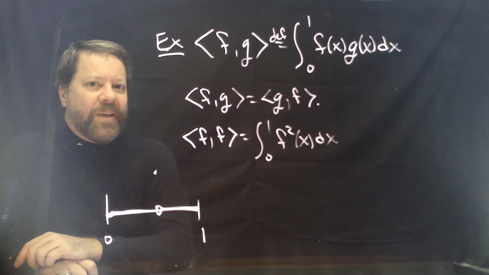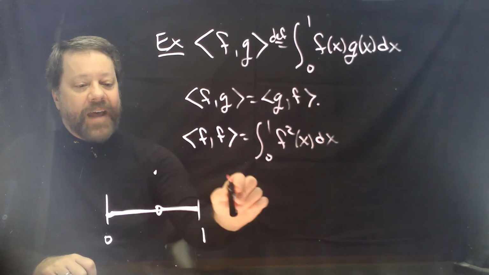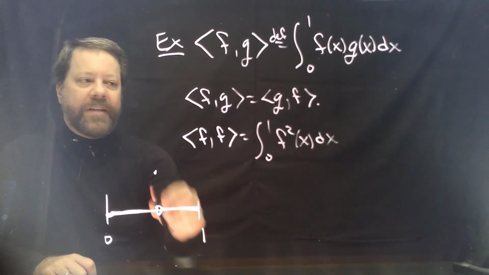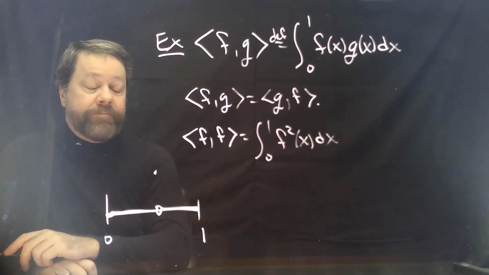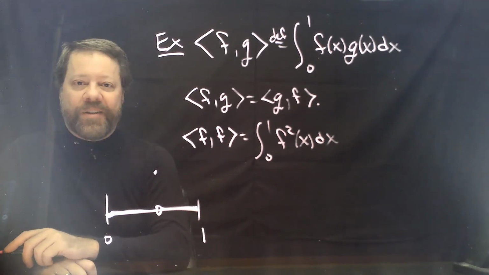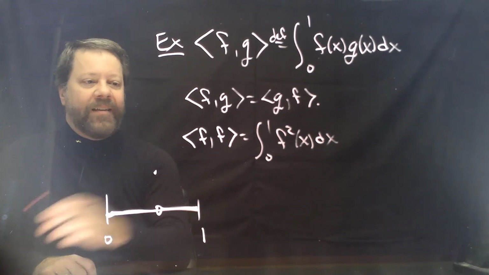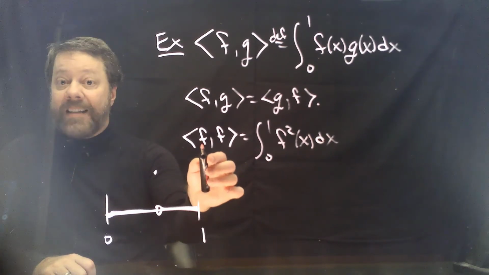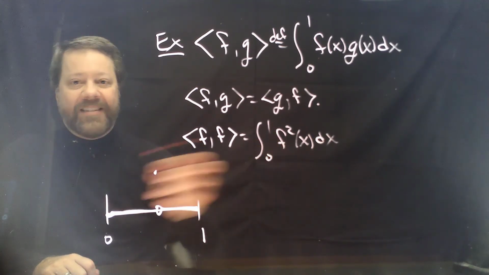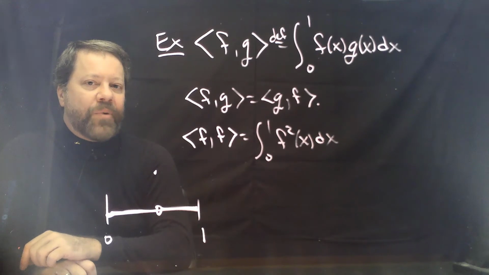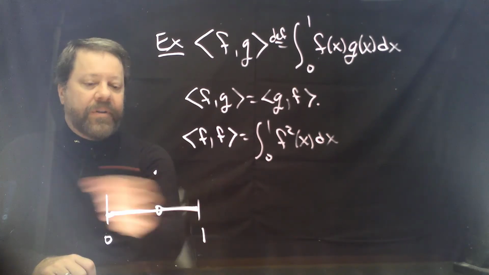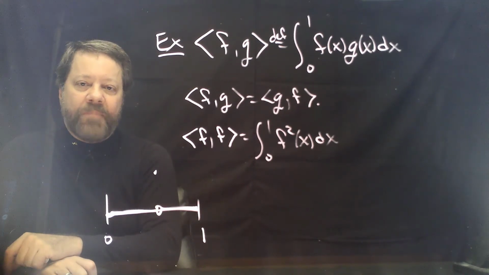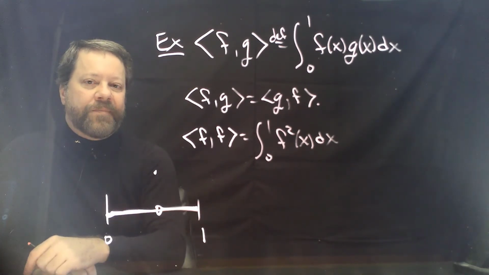However, we can make an equivalence relation between functions so that if these functions differ on no more than a set of measure 0, we'll just pretend the functions are the same. They're in the same equivalence class. So let's deal with equivalence classes of functions, and when they differ on no more than a set of measure 0, and a single point will surely have measure 0 in the usual measure placed on real numbers.